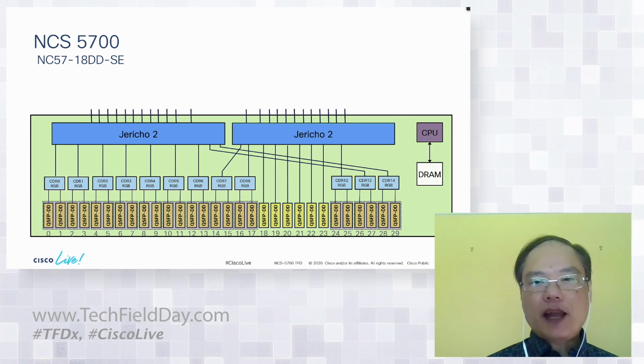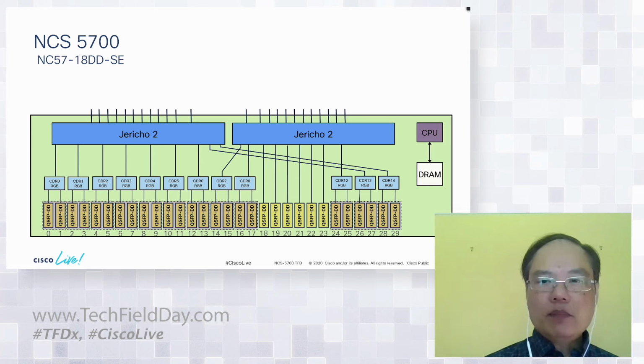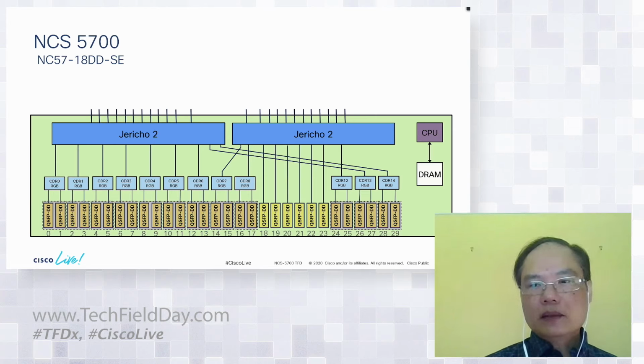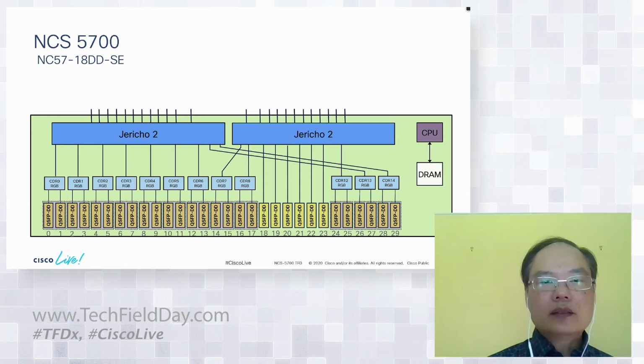And 12 flex port pairs, each port pair having stacked QSFP-DD cages and connected to the NPU via a CDR with RGB or reverse gearbox functionality. The RGB CDR enables more flexibility in optics and breakout support. And as mentioned, we will have more details on this in a later section.